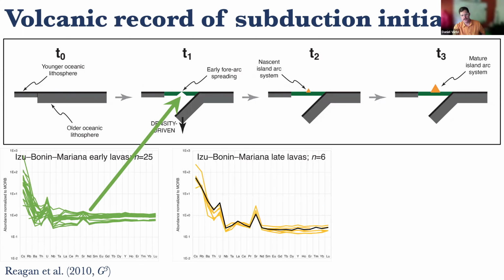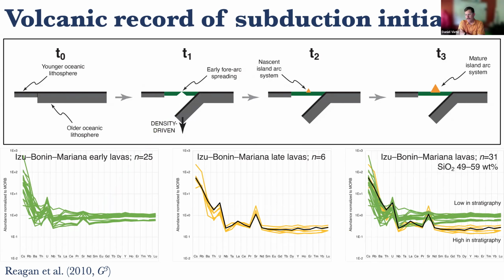But at higher stratigraphic levels, you start to get what are called boninitic lavas, after Bonin. These are representative of this transition towards arc magmatism from the early forearc spreading.